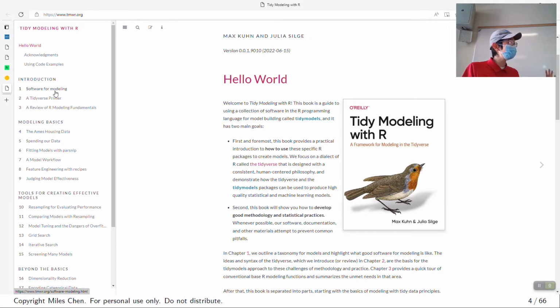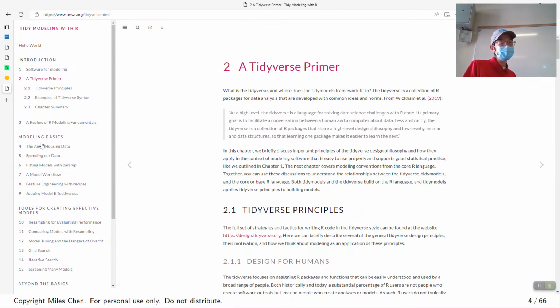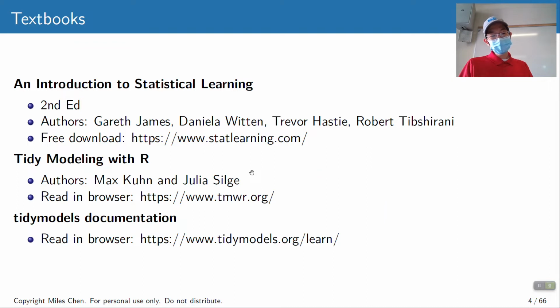You can still read it on your phone, but I would recommend using a bigger screen. Basically, this talks about applying a lot of these modeling tools, machine learning things, in a tidy way, all right? And using tidyverse principles. I'm a big fan of the tidyverse and things like that.